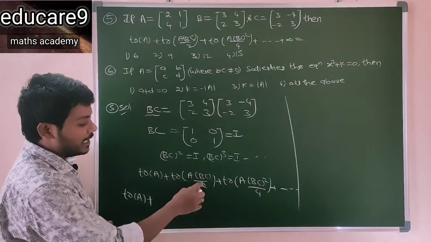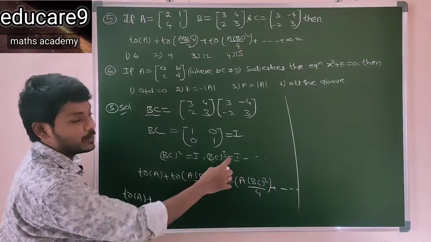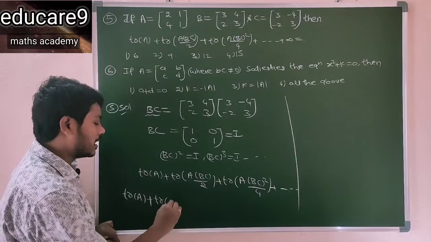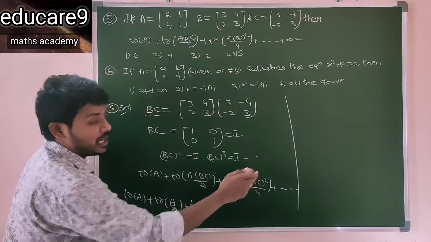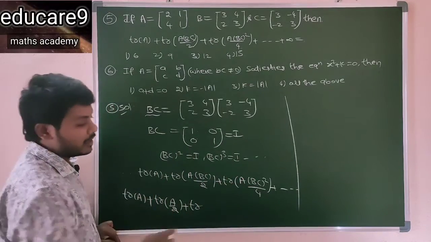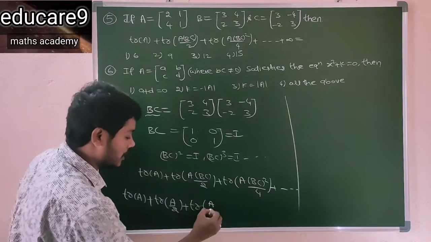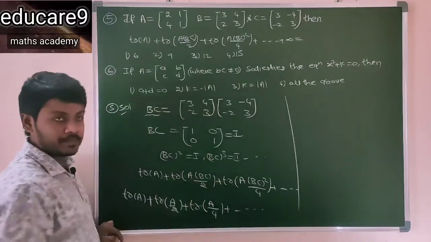I. So identity matrix with A. So multiplication of A into the identity matrix, again you get matrix A. That is trace of A by 2. So next one I square, that is identity matrix. So A into the identity matrix, again we will get matrix A. That is trace of A by 4 and so on.